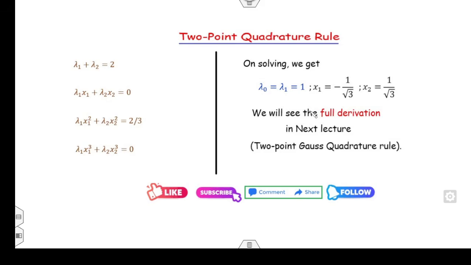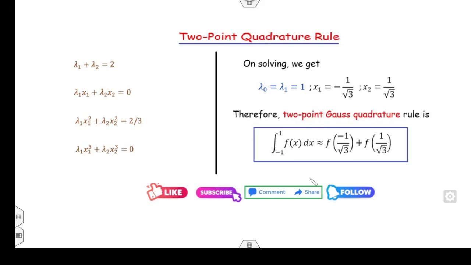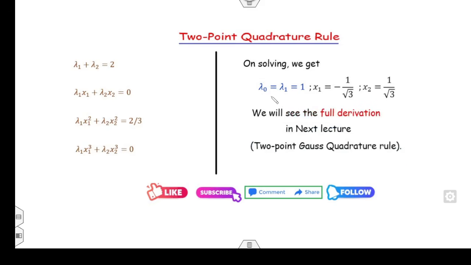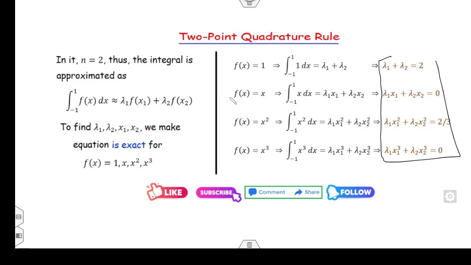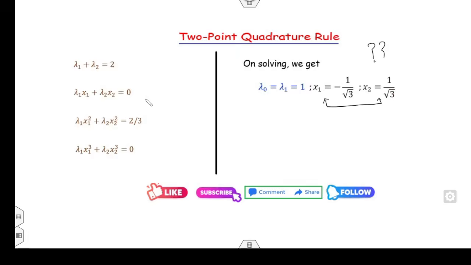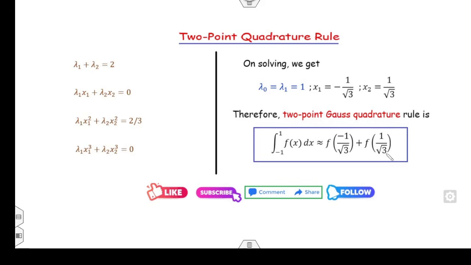So I will tell you the full derivation in our next lecture very easily. So finally, once you know the values of lambda 1, lambda 2, x1 and x2, I can substitute the values in the given equation. Lambda 1 and lambda 2 are 1. f of x1 plus f of x2 is the required 2-point Gauss quadrature formula.